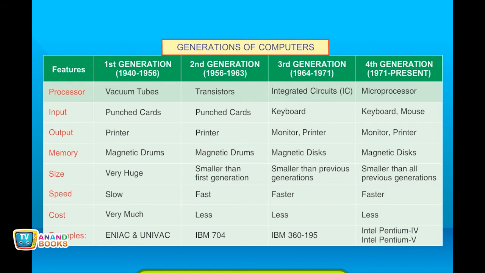Size: very huge, smaller than first generation, smaller than previous generations, smaller than all previous generations. Speed: slow, fast, faster. Cost: very much, less.